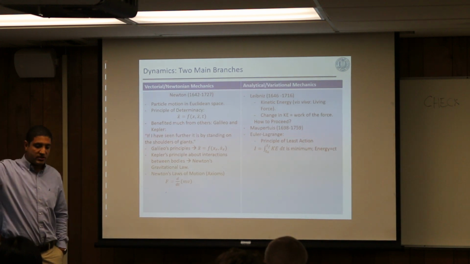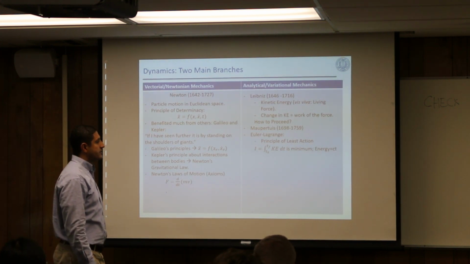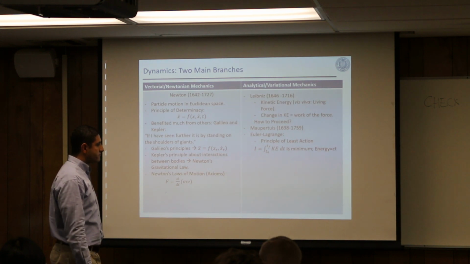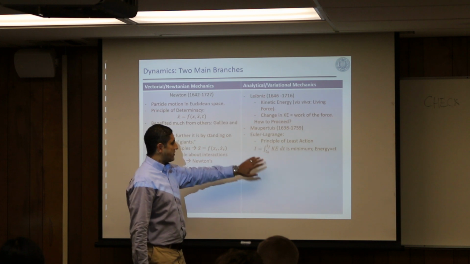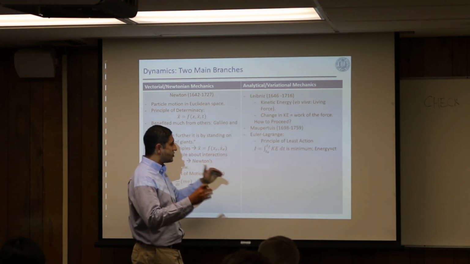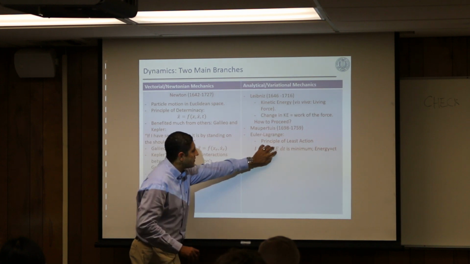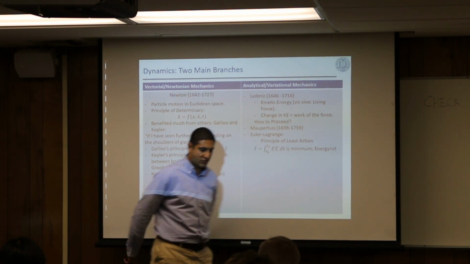In the very large scale, in the very small scale, and in our length scale. So Euler and Lagrange, they formulated such a problem. They said, okay, you know what, the motion is such that this integral is minimized, subject to some constraint that the energy is conserved.